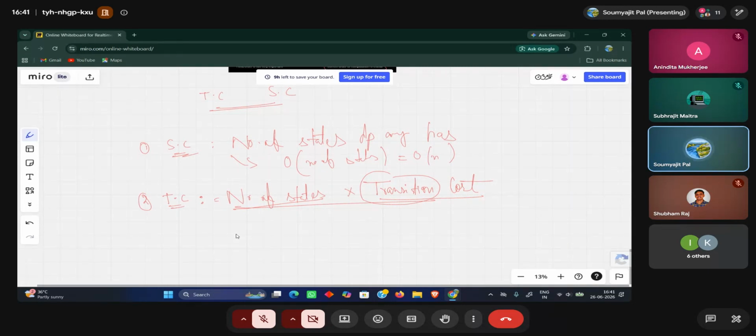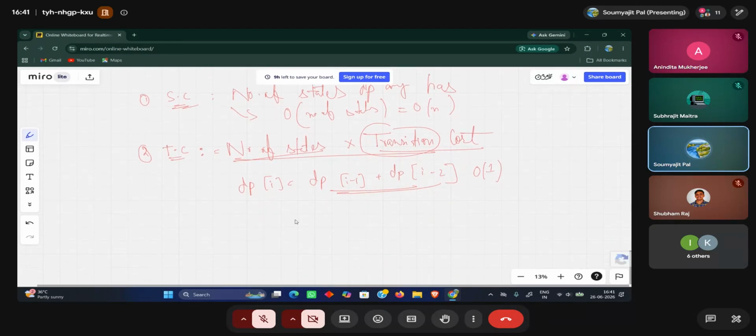In this case, the transition cost is simply dp of i equals dp of i minus 1 plus dp of i minus 2. Addition can be performed in O of 1, constant time. So my time complexity is number of states, that is n, into O of 1, and it would be O of n, as simple as that.